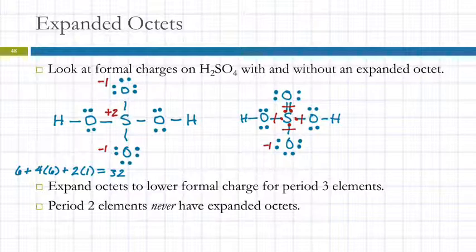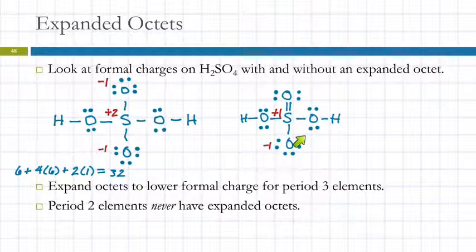It'll leave with 5. It brought 6 in. 6 minus 5 is 1. So this has a formal charge of +1. That's better, isn't it?